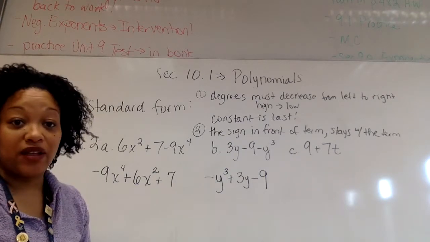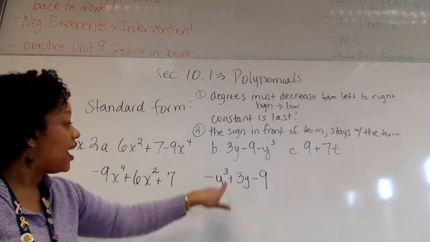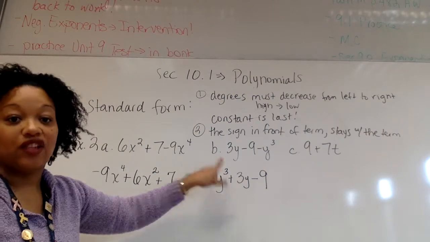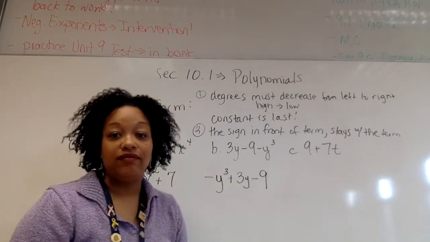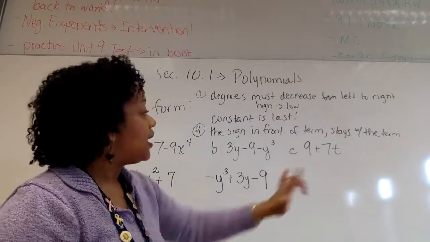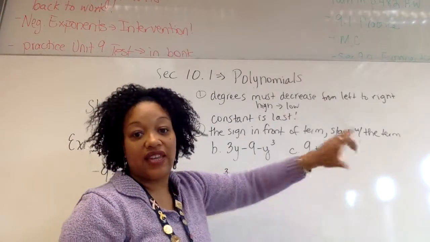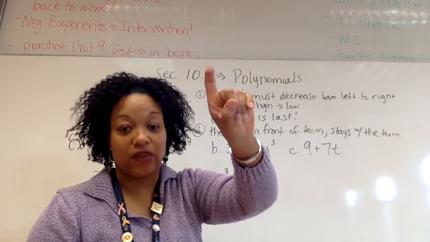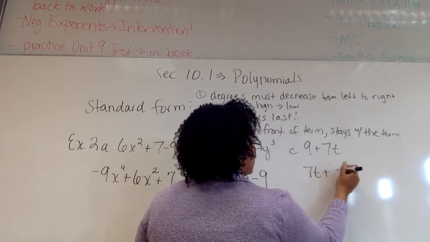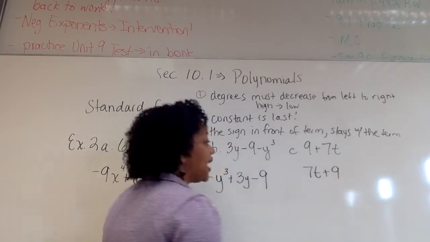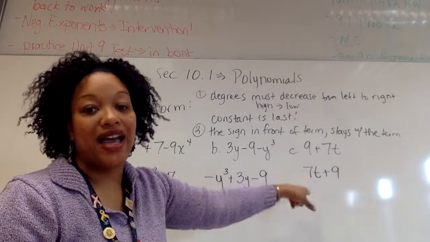What's the name of this polynomial? Cubic trinomial, right? And then this last one, number C, my highest degree is just t, a linear term, so the exponent is 1. That's 7t, and then I put the constant in the back, 7t plus 9. That's a linear binomial.